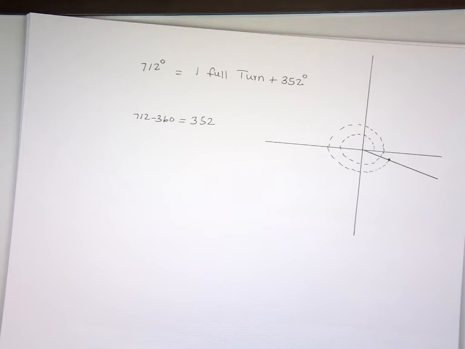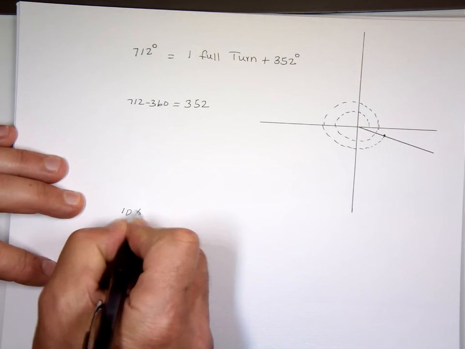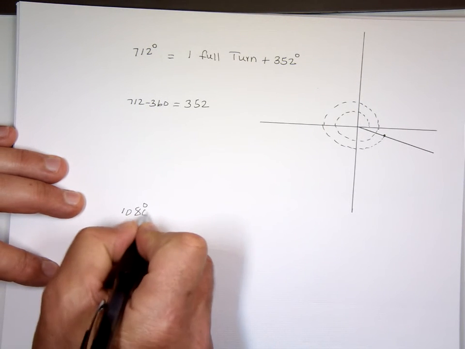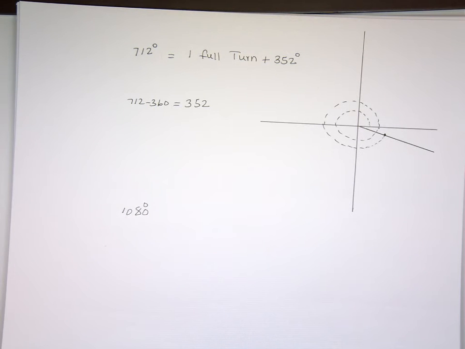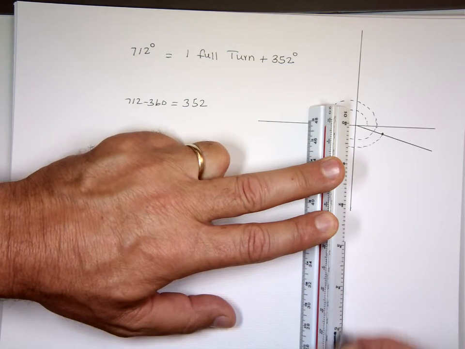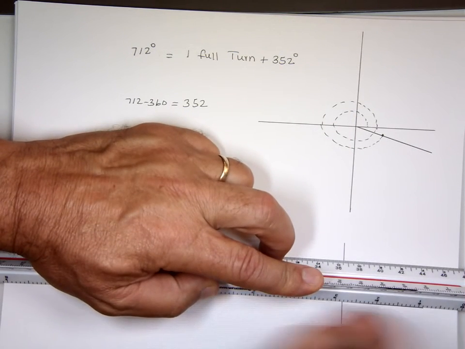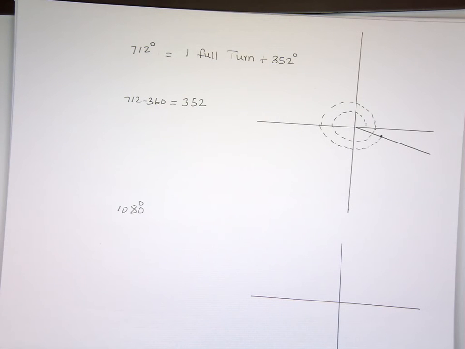If somebody does a 1080, let's see what a 1080 might look like, because I hear these numbers, 1080, 720, a lot in BMX racing. You do one turn, that's 360.